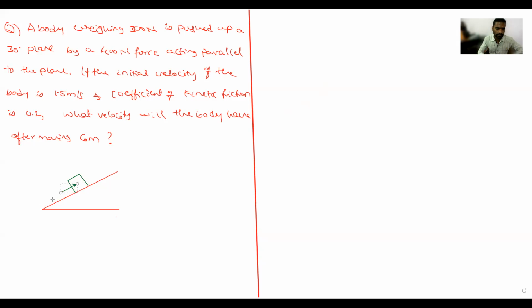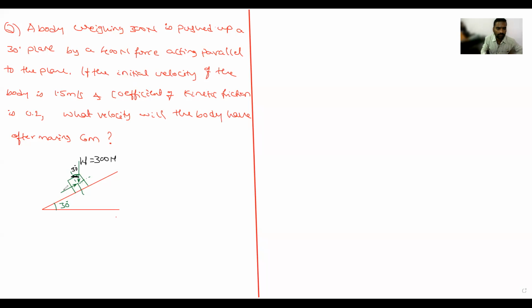The weight acts downward on this body. The plane makes an angle of 30 degree. Now I will draw two axes, one parallel to the plane and one perpendicular to the plane. Then can you tell me how much this angle is? You should know this one.